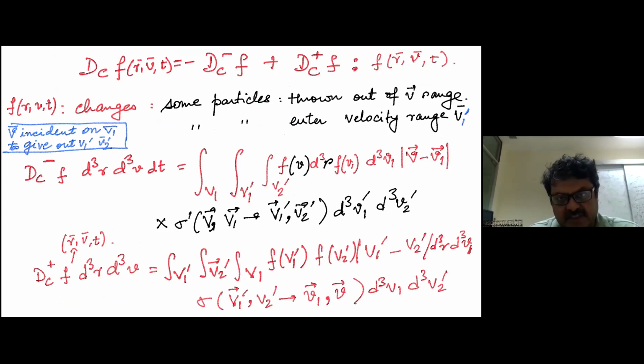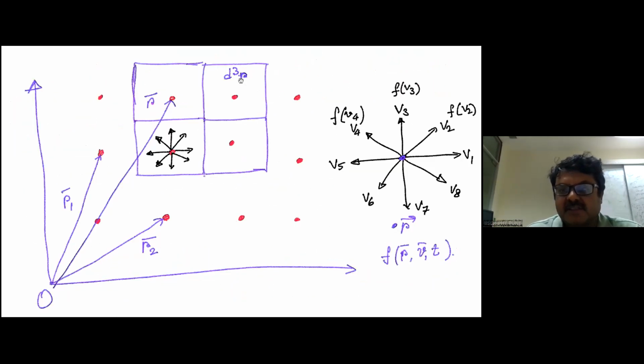So there are collisions such that the particles which were moving with, suppose, velocity v1 are, after collision, having velocities v2, v3, v4, v5, v6, v7, which means the values of f(v2), f(v3), f(v4), f(v5), f(v6) are increasing.